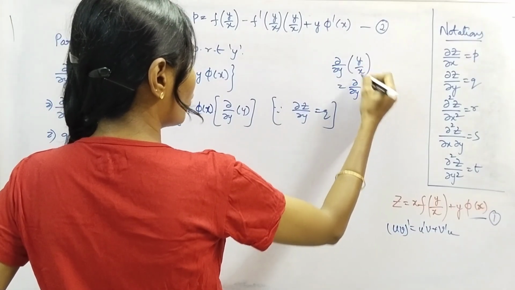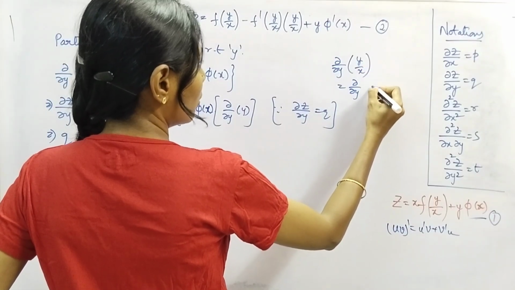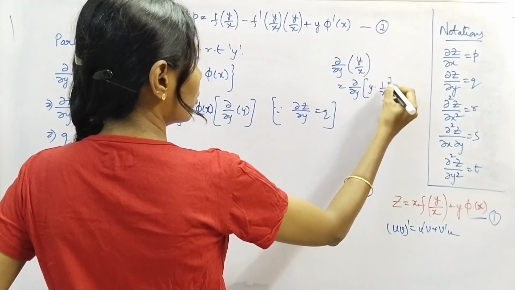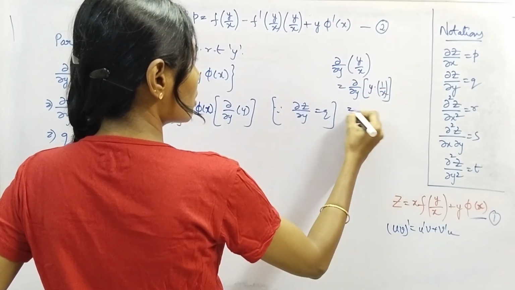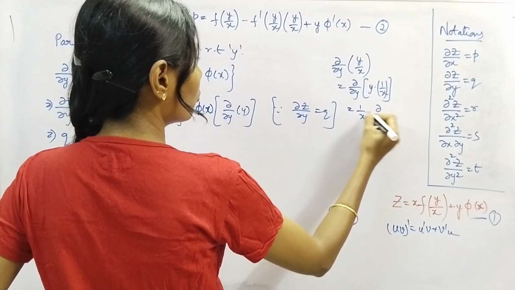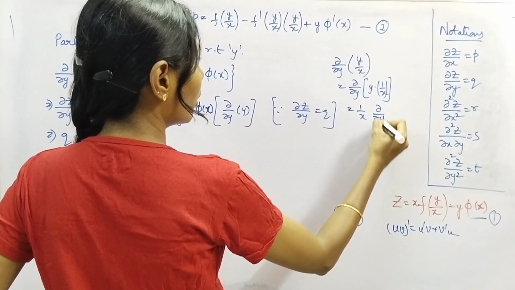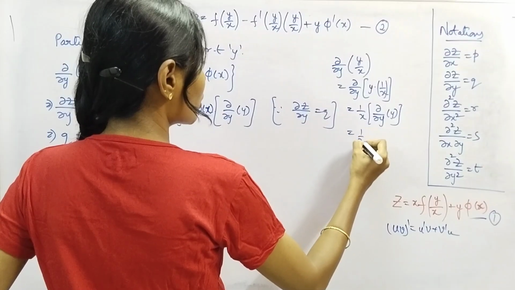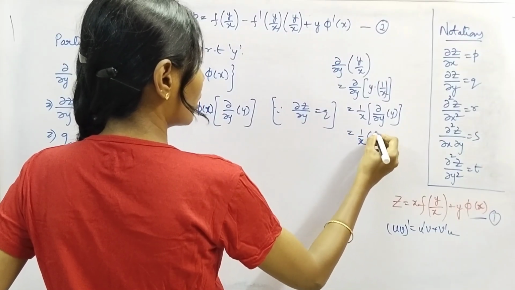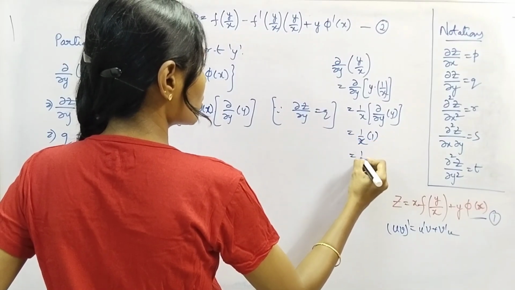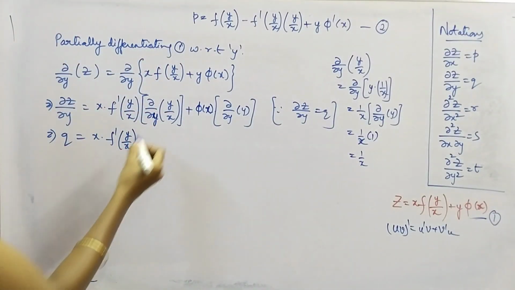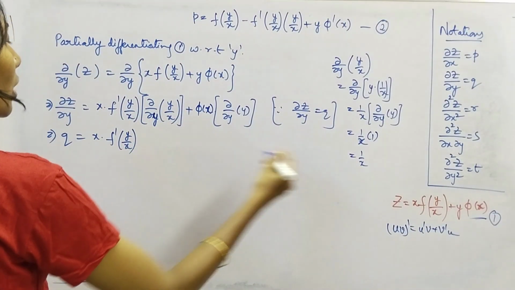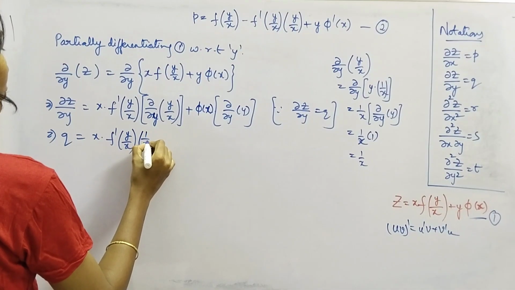We'll write y by x as y into 1 by x, and here 1 by x is treated as constant. We'll pull this out. You'll get 1 by x into dou by dou y of y. Since the partial derivative of y with respect to y is 1, you'll get 1 by x into 1, which is 1 by x. So the partial derivative of y by x with respect to y is 1 by x.